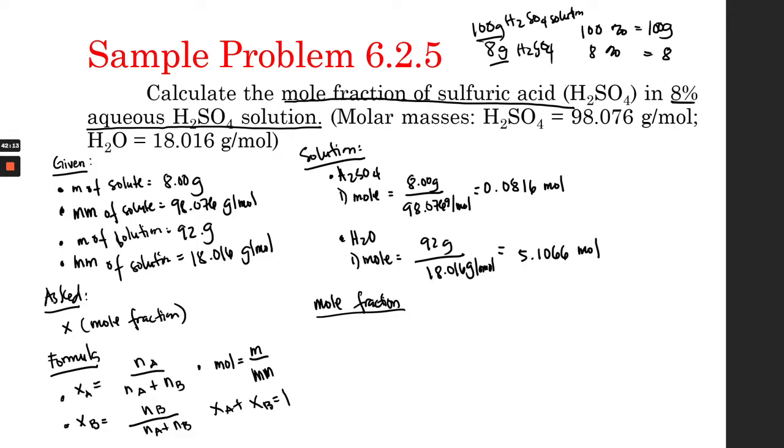Next, in order to get the mole fraction for XA, let's use this as our A and this as our B. So XA is 0.0816 moles divided by 0.0816 mole plus 5.1066 mole, and that equals 0.02 mole fraction.